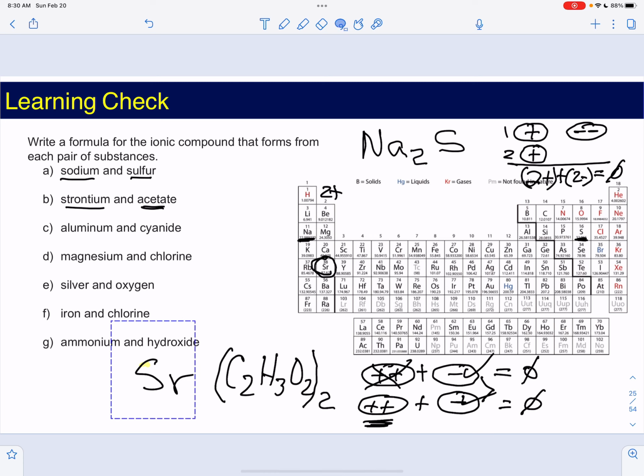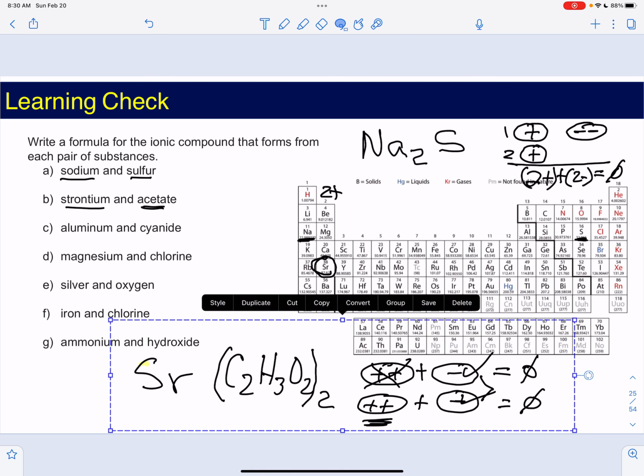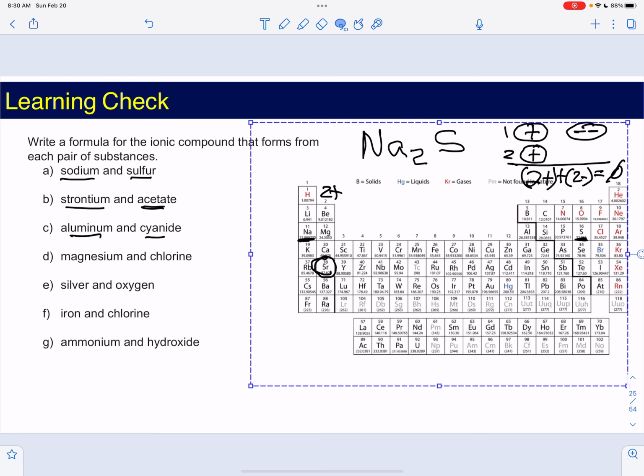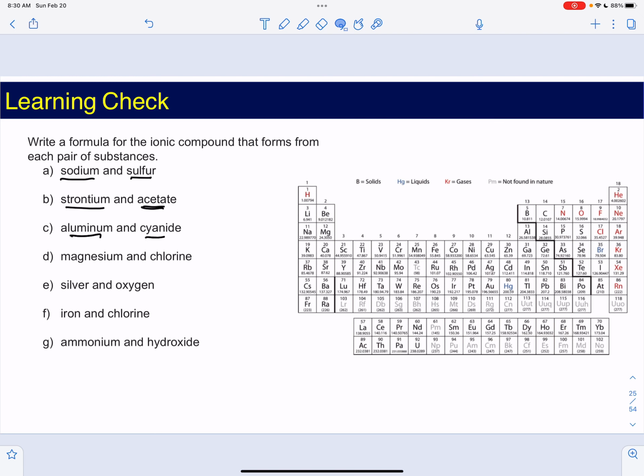Let's do another one. So important to have that polyatomic table close by. Aluminum and cyanide. Aluminum is going to be here. So aluminum is going to be 3 plus.